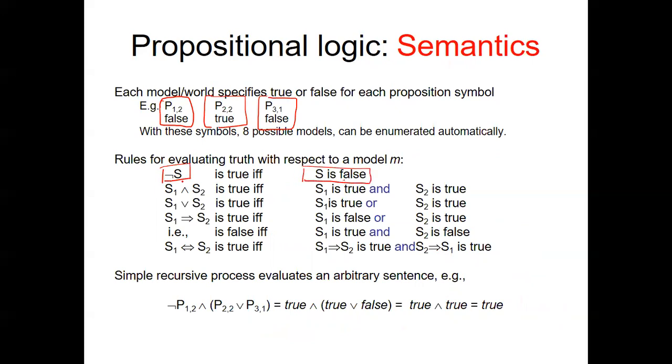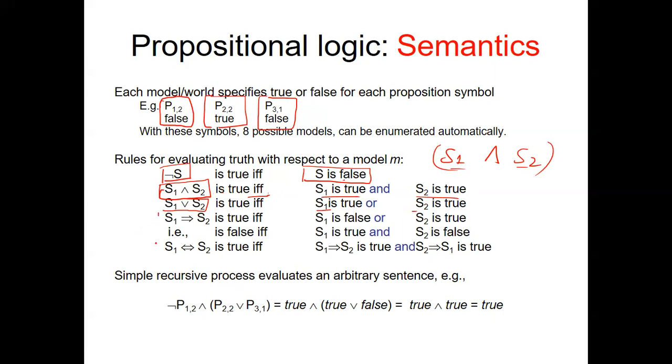If S is true, then not S will be false. And when will S1 and S2 be true? S1 and S2 will be true if and only if S1 is true and S2 is true. Only if both of them are true. S1 or S2 is true if and only if S1 is true or S2 is true.